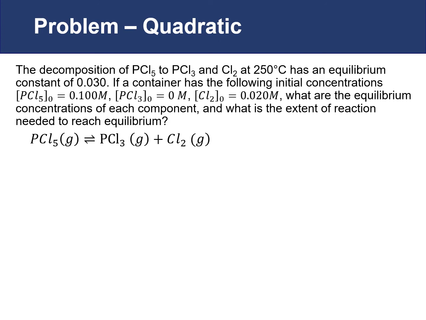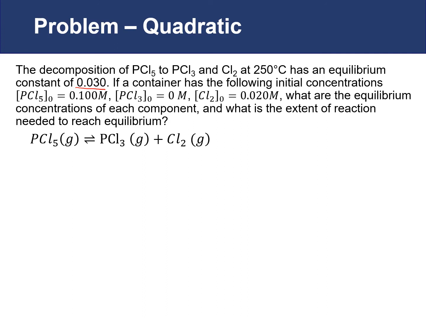Now, the first indication that we might have some issue is that value of 0.030. Typically, if your equilibrium constant is close to 1, i.e. not greater than 10 to the fourth or less than 10 to the negative fourth, you may have issues where the assumption rule will not be valid.